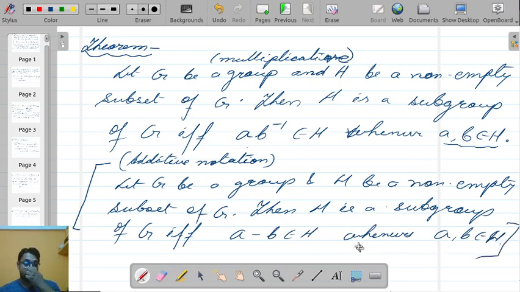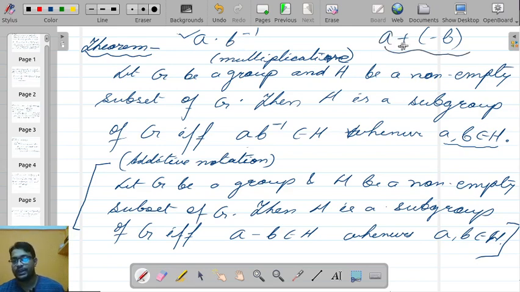So the meaning is the same: A B inverse in multiplicative notation, and in additive notation it is A plus minus B. In multiplicative notation it is A dot B inverse. So in both cases we are operating A with the inverse of B. Here we are composing, taking the operation, and here also we are doing the same thing.